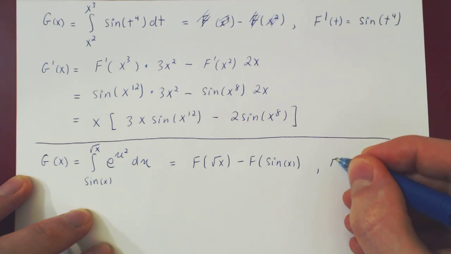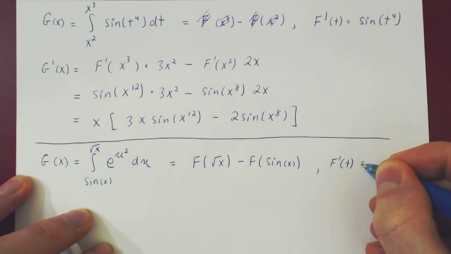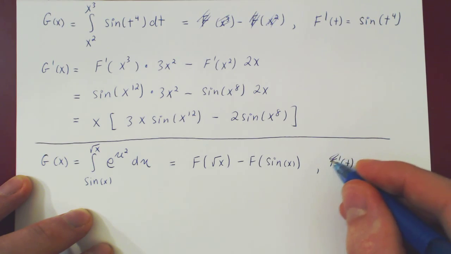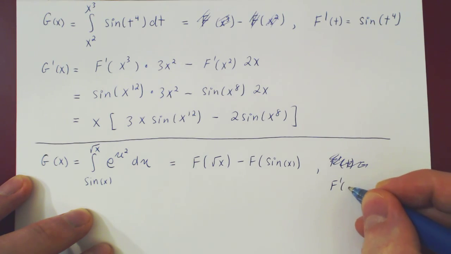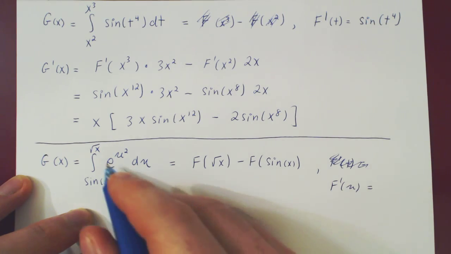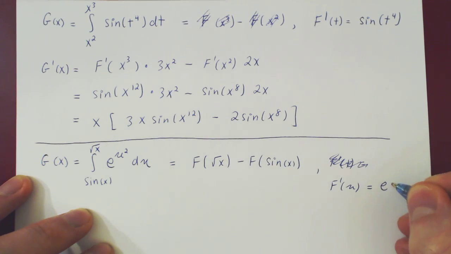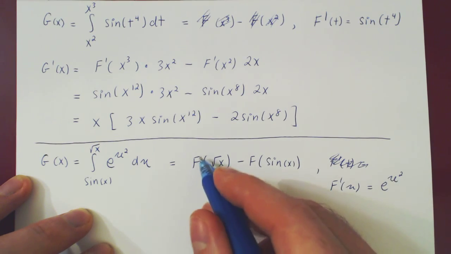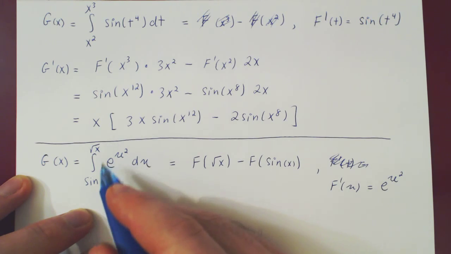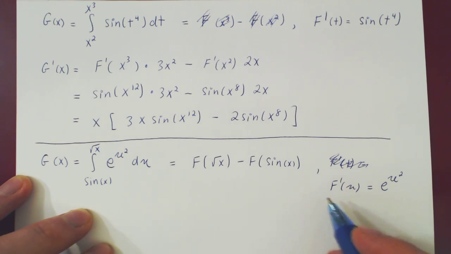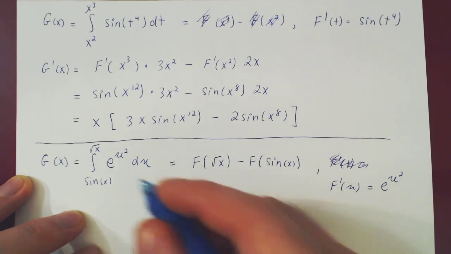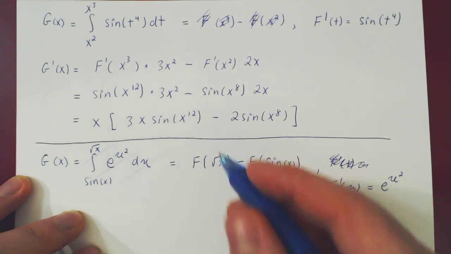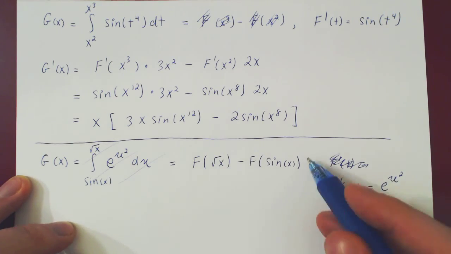And we are explicit: the derivative of our uppercase f function is of course e to the u squared. As uppercase f is an antiderivative of e to the u squared, its derivative as a function of u is the original function. And now we bypass the integral and we differentiate g using this form.